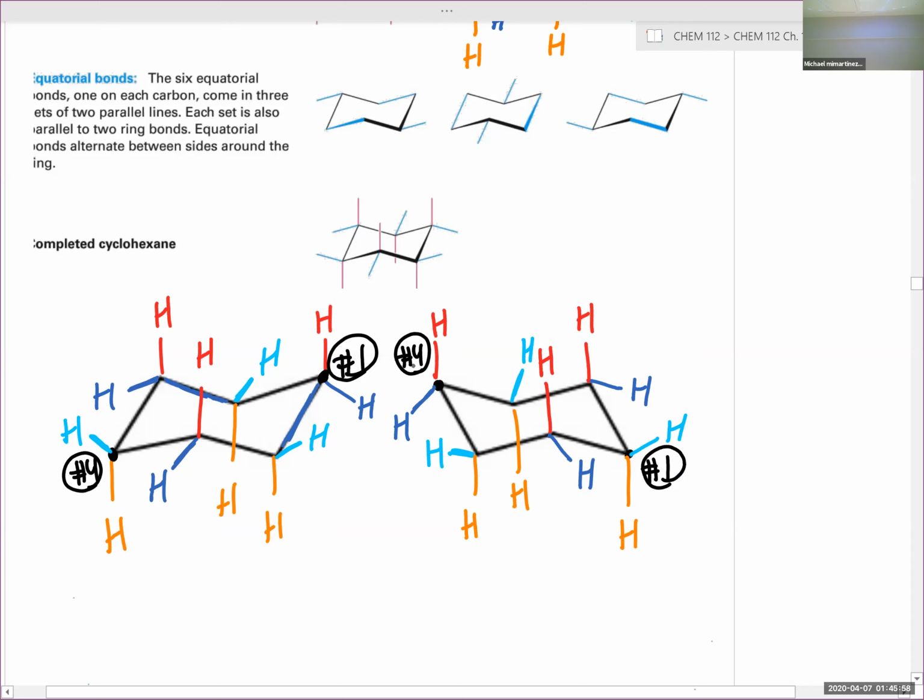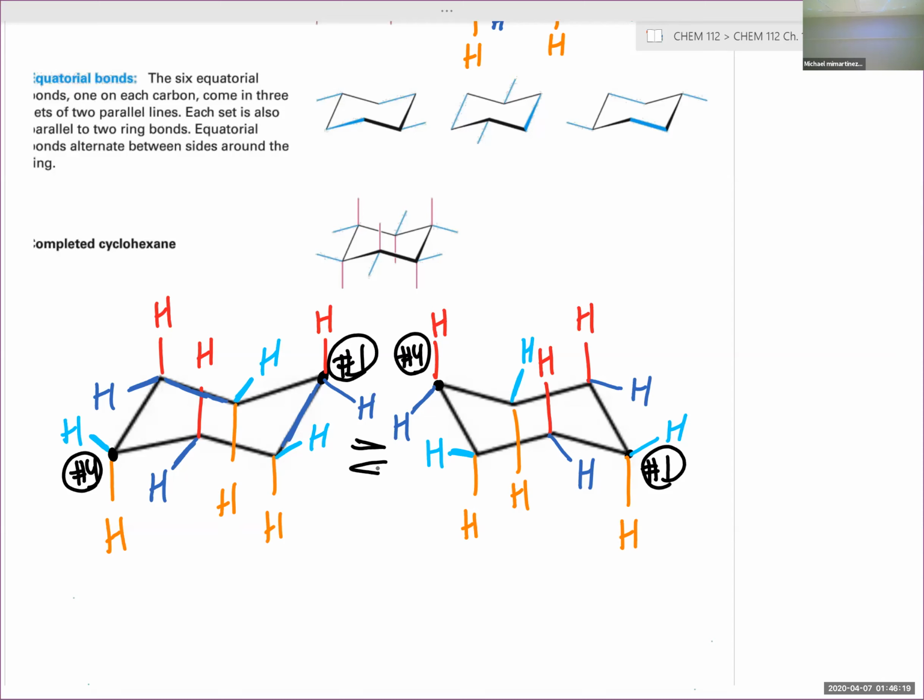So as you've noticed, we've exchanged our carbon number 1 pointing up for carbon number 1 pointing down. So this is building towards this idea of a ring flip, the fact that these two chair conformations can interconvert at room temperature.